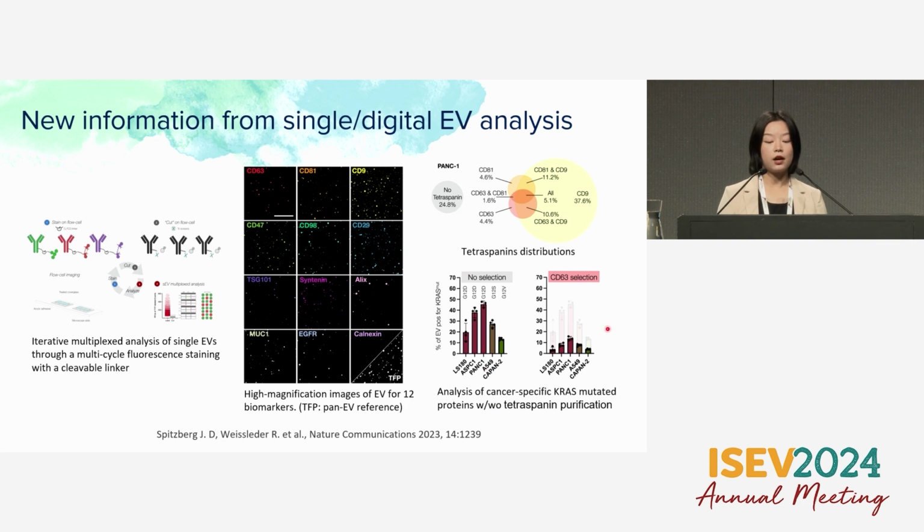This result also asks us to be cautious with EV isolation and processing protocols, because when we assess very rare EV subpopulations, such as the example of KRAS mutated proteins, the sample preparation, such as tetraspanin-based purification, may lead to some loss of this very precious EV subpopulation.